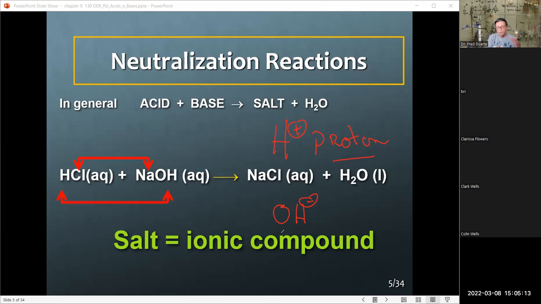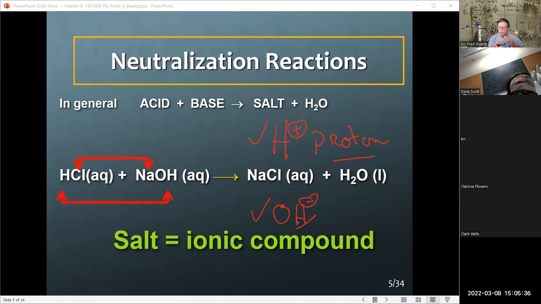In both the Arrhenius and Bronsted-Lowry definitions, an acid basically involves a proton. Where they differ is with respect to a base. The Arrhenius base is very simple and straightforward: anything that produces a hydroxide ion when it dissolves, which cut out a lot of potential bases out there. So Bronsted-Lowry's definition is basically any chemical that will accept that proton.